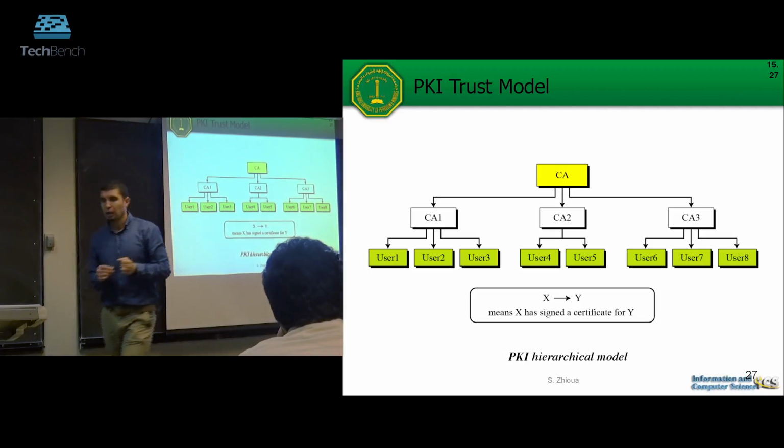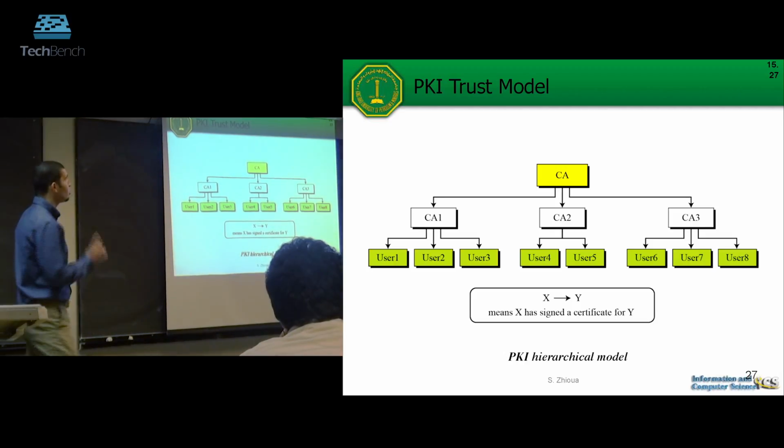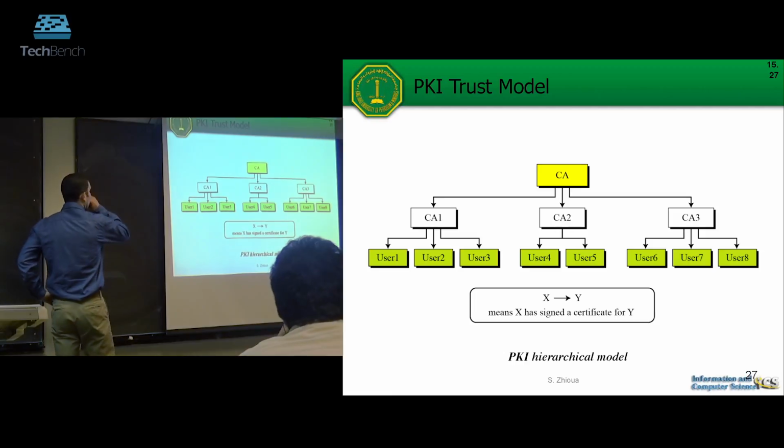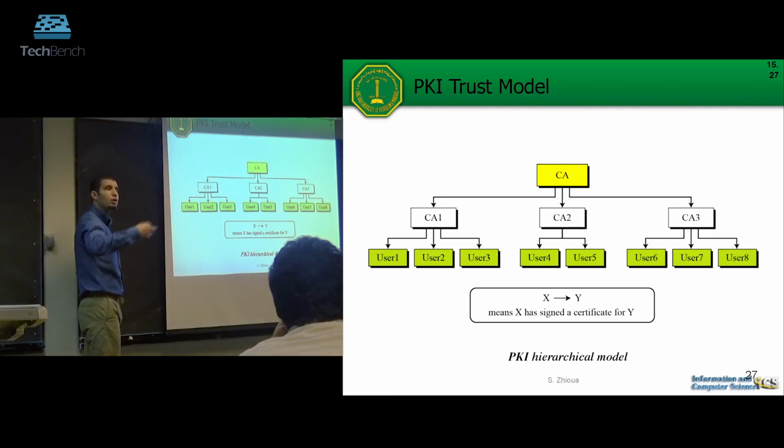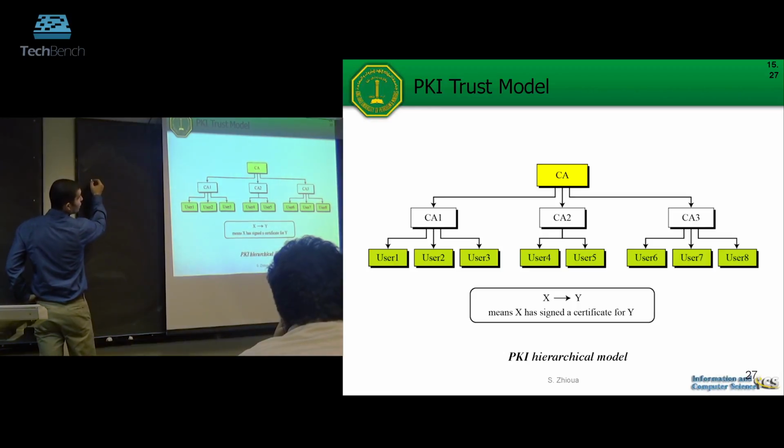So basically, user 7 will receive what? Before starting the communication, it will receive the certificate. It needs to know the public key of user 2. So user 2 will do the following.